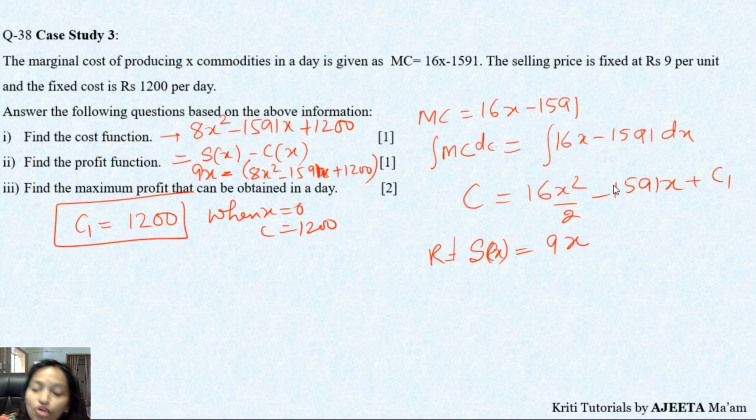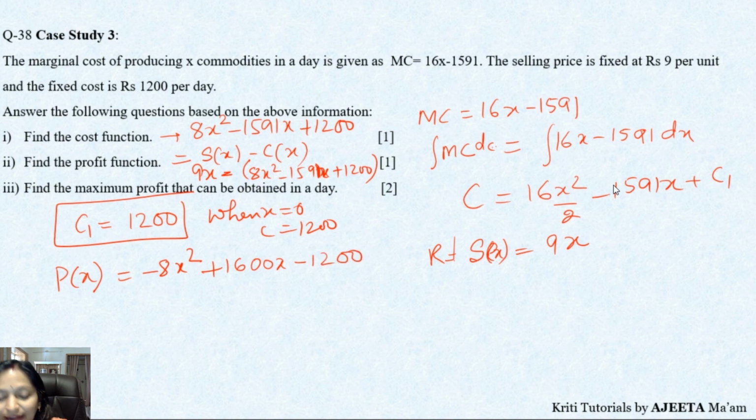So your profit function is coming out how much? If I just open the brackets, minus 8x square plus 1600x minus 1200.